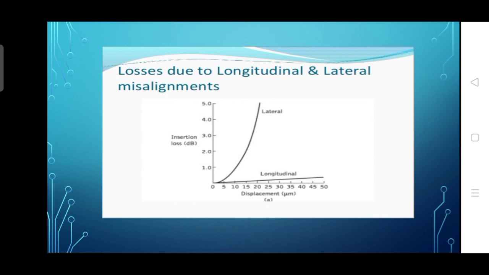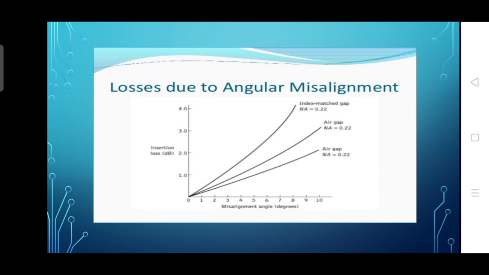So we can say that lateral has a higher insertion loss. And for losses due to angular misalignment, the losses depend on the type of gap.